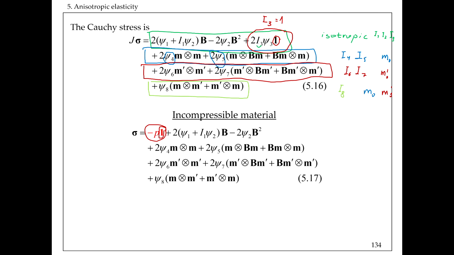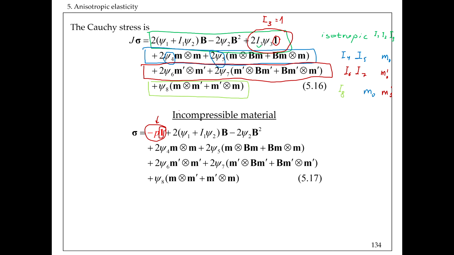That works exactly the same way as in just isotropic materials, or in materials that are transversely isotropic, with only one family of fibers aligned in the same direction. So incompressibility is pretty straightforward after we dealt with that.